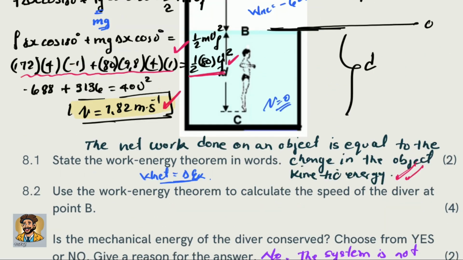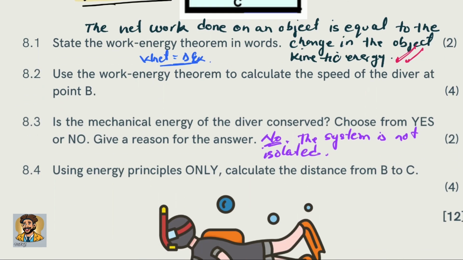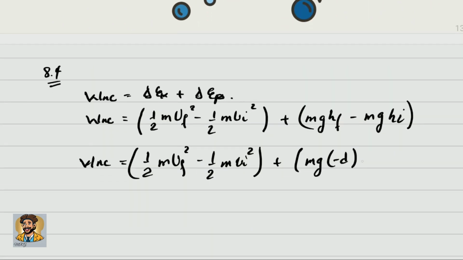If I take this one as the 0 point, positive is up and negative is down, like the axis in mathematics, guys. So the distance down is a negative distance. So that is what is going to happen here, minus mass acceleration due to gravity h.